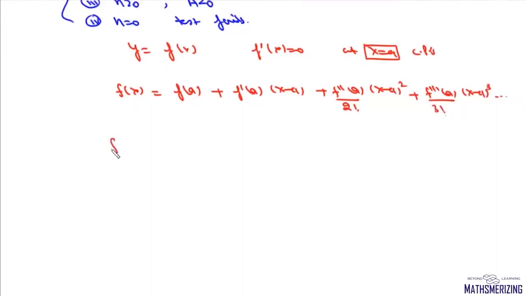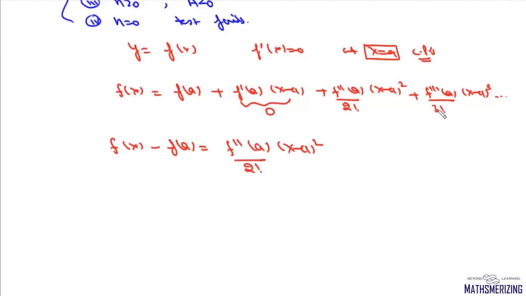Now we can write this as f(x) minus f(a). Now a is a critical point, and if a is a critical point, then at a f dash x is 0. So this term will be simply 0. So we'll get f double dash a into (x minus a) square upon factorial 2.